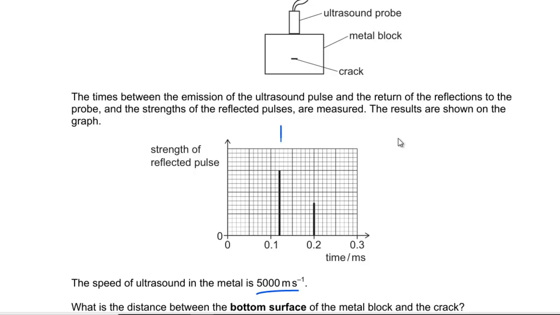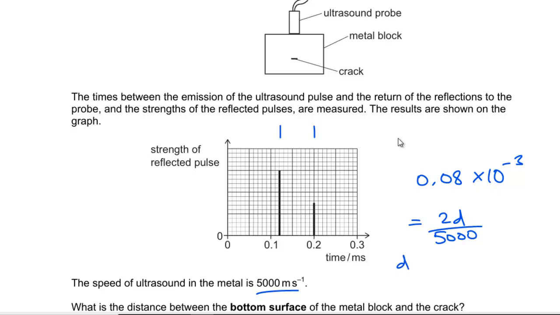Right, okay, so we've got one coming back from the crack. They've done these sort of questions so many times. That's coming back from the bottom. So what is that? That's 0.08, is it? Yeah, 0.08 times 10 to the minus 3. So that is 2 times the distance divided by that 5,000.